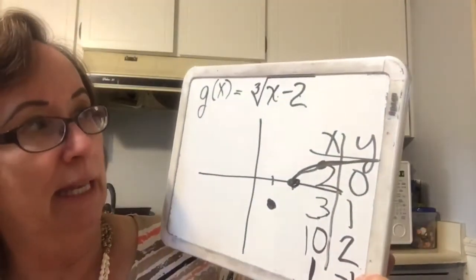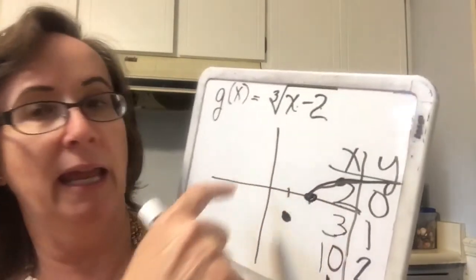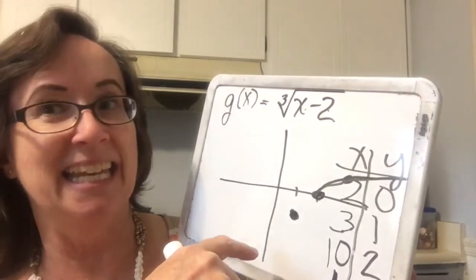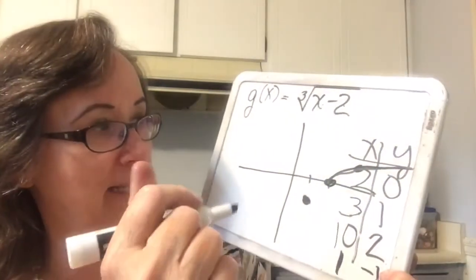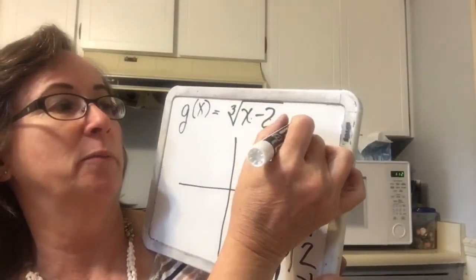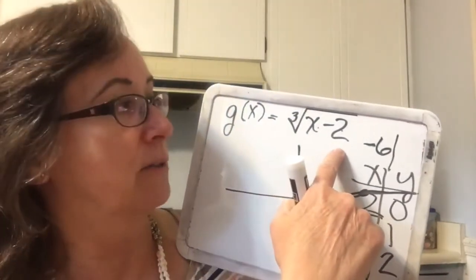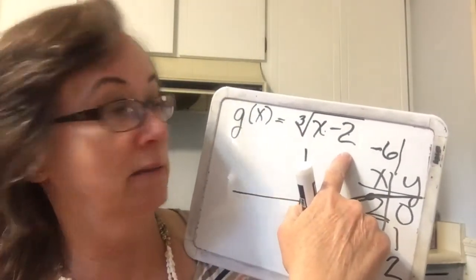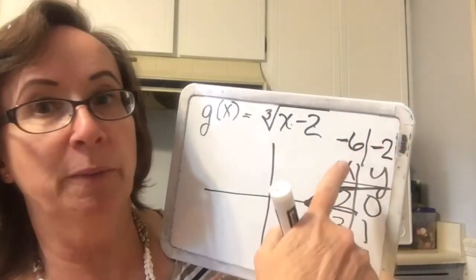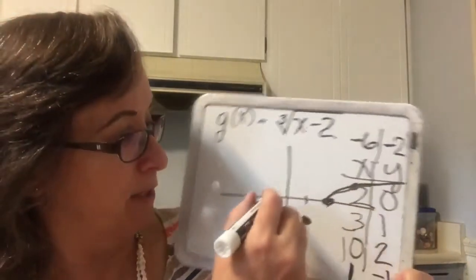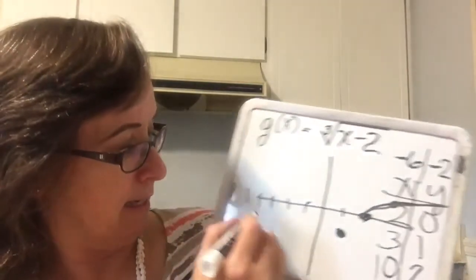Okay, and then I'm going to plug in a negative 6, because negative 6 minus 2 would give me a negative 8. I'm going to put it up here because I ran out of room. Negative 6 minus 2 is going to give me a negative 8 underneath the radical. Cubic root of negative 8 is negative 2. So another point is negative 6, negative 2.